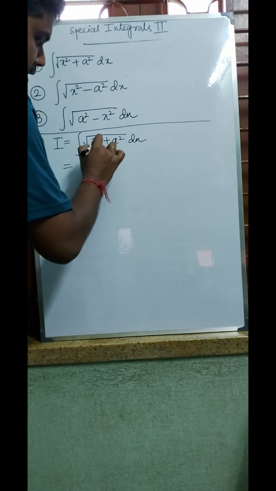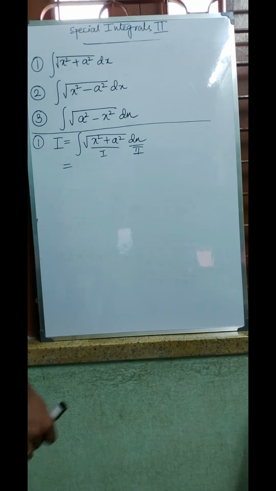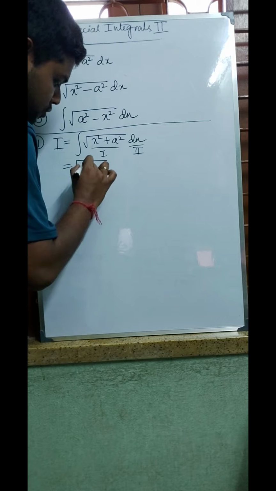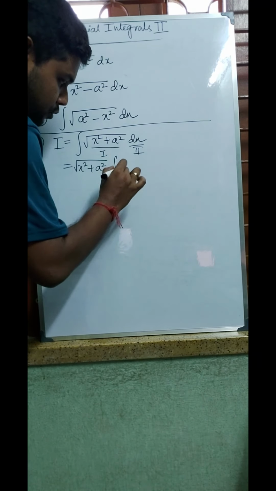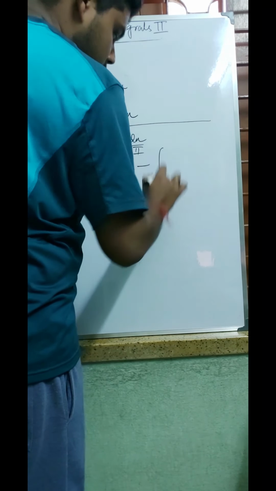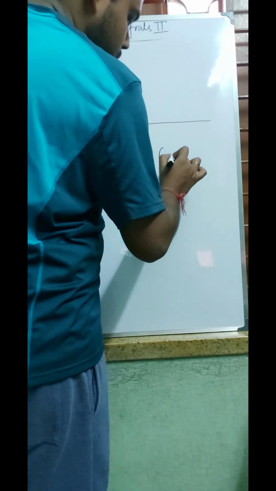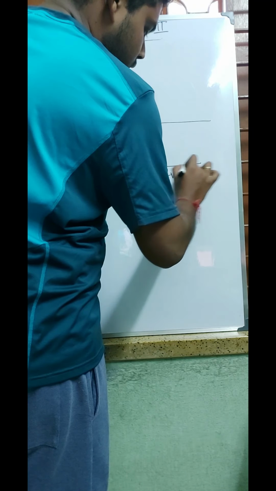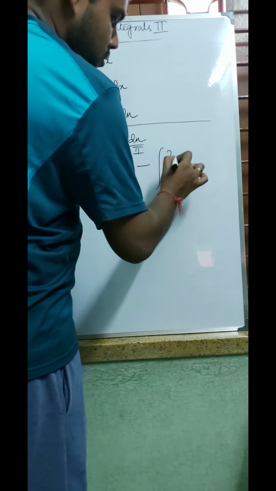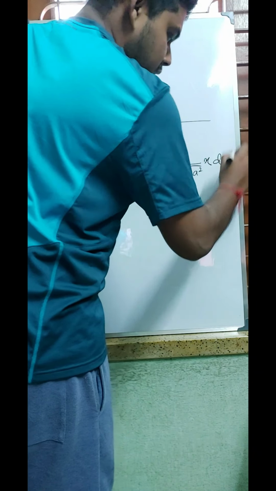So considering this one as your first function and this as your second function, we have under root x square plus a square into integration dx minus integration derivative of this. So derivative of this is 1 by 2 root over of x square plus a square, but x square is there, so 2x here, and integration of dx will be x, so whole dx.